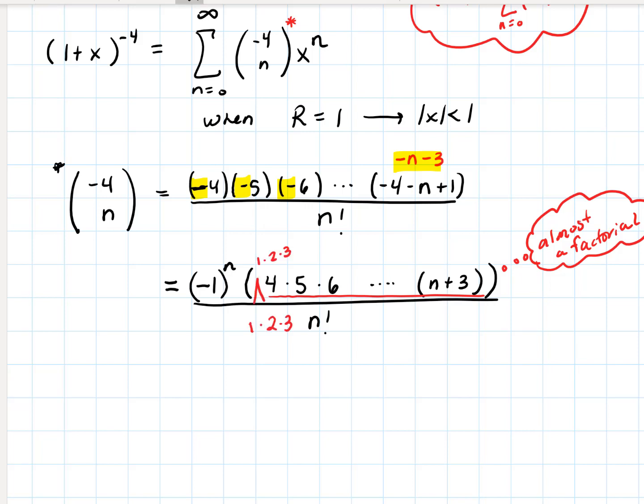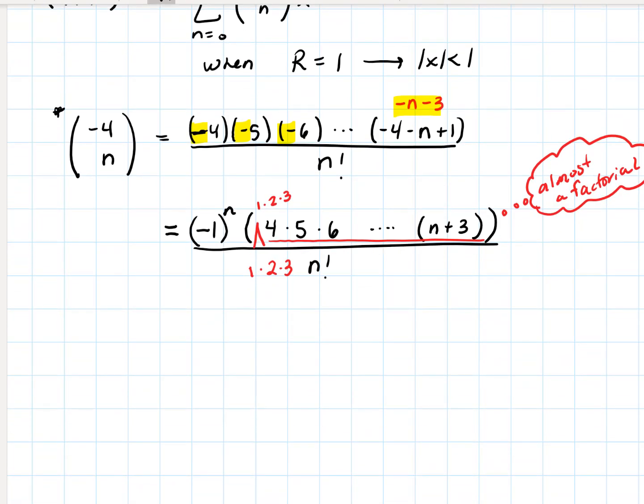If I add in that 1, 2, 3 in the denominator and a 1, 2, 3 in the numerator, look at how nicely this simplifies, and also what I'm going to be able to cancel. Now in the numerator, I actually just have the factorial n plus 3. And in the denominator, I have 6, because 1 times 2 times 3 is 6, times n factorial.